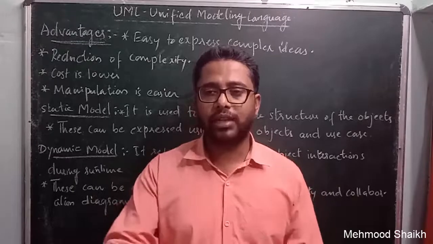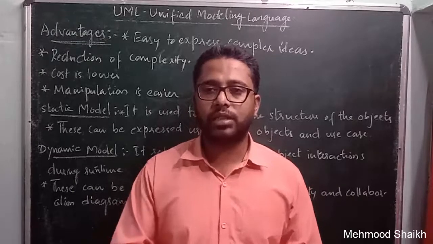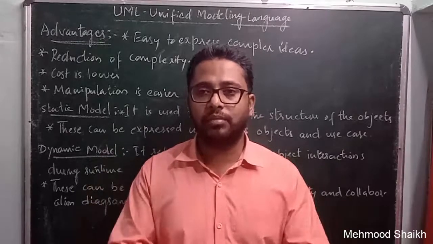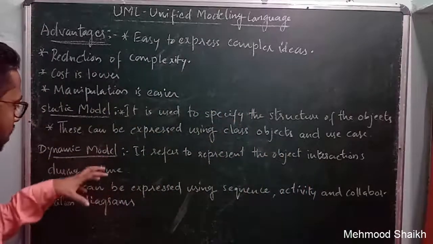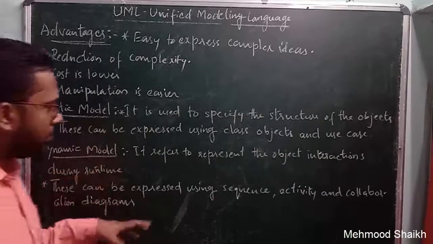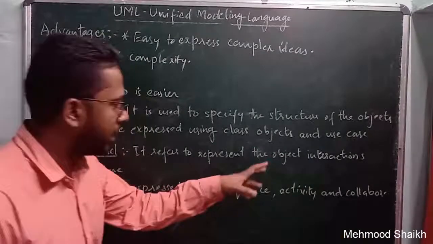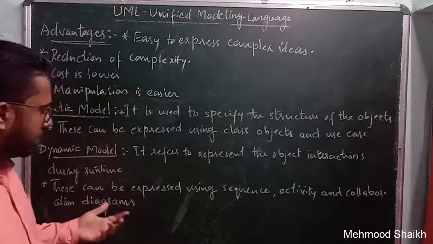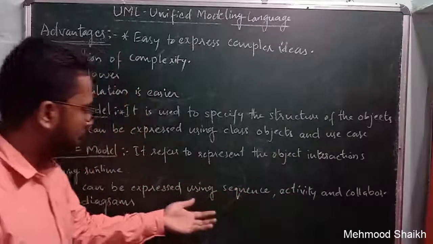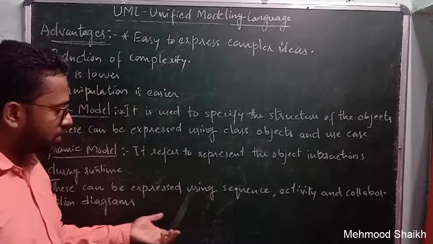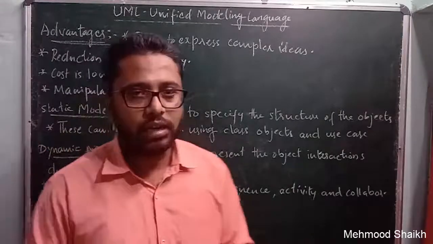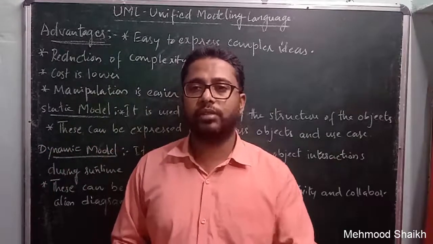All those interactions, all the dynamic behavior of the system will be represented properly and easily with the help of this dynamic model. For demonstrating the dynamic behavior of the model, we will use various interaction diagrams like activity diagrams, sequence diagrams and collaboration diagrams. These various diagrams can help us in identifying the behavior between the various objects.